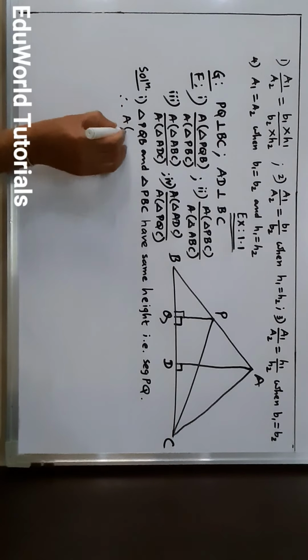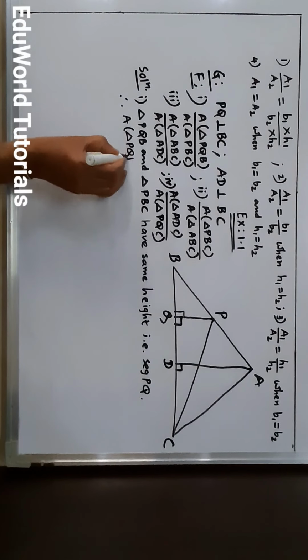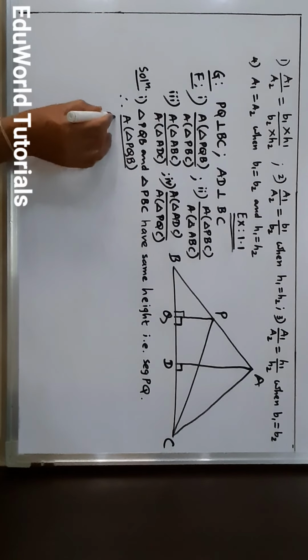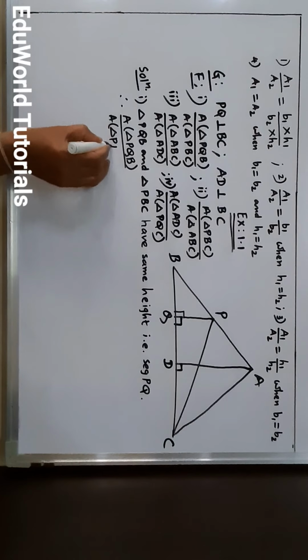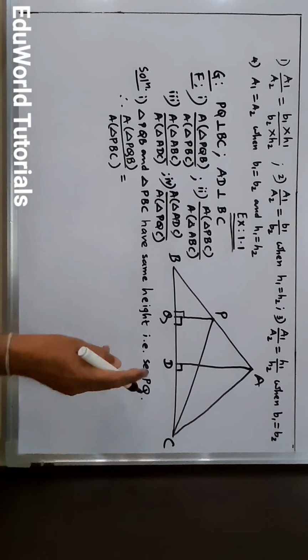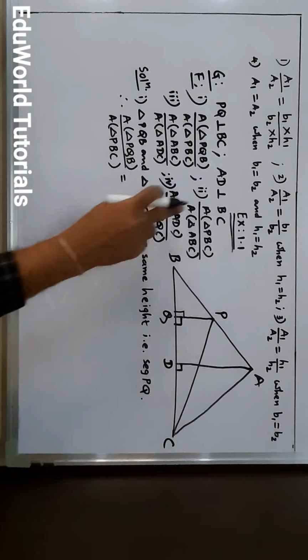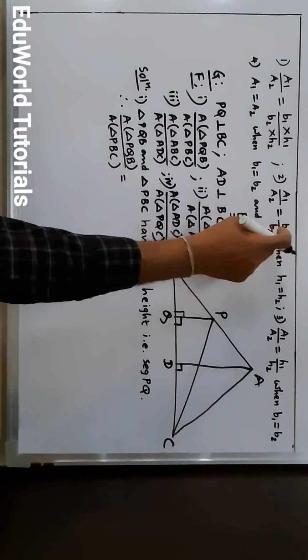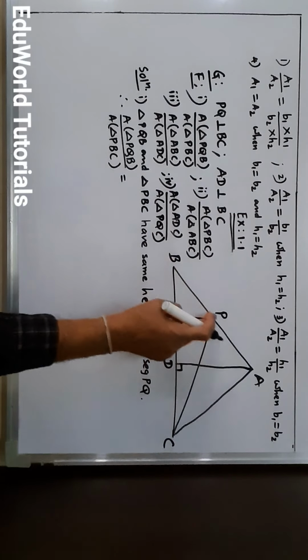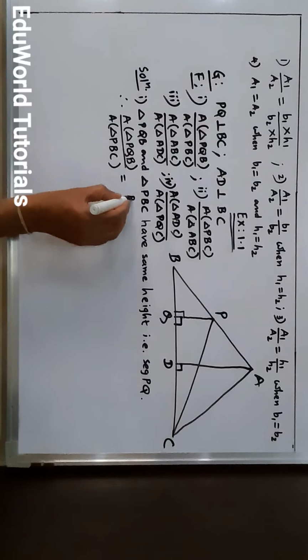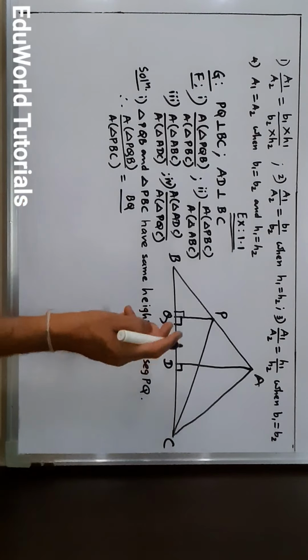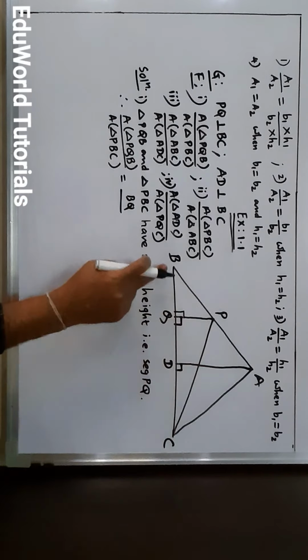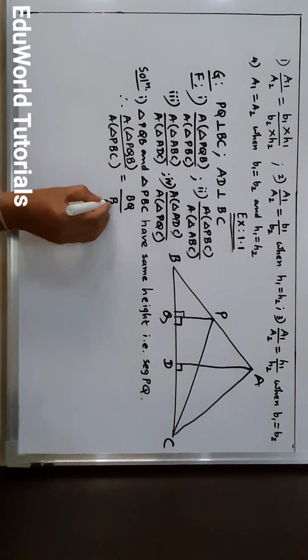Therefore, area of triangle PQB upon area of triangle PBC is equal to, when heights are same for both the triangles, the areas are proportional to corresponding bases. What is the base in triangle PQB? BQ is the base. I write BQ. And what is the base of triangle PBC? BC is the base.